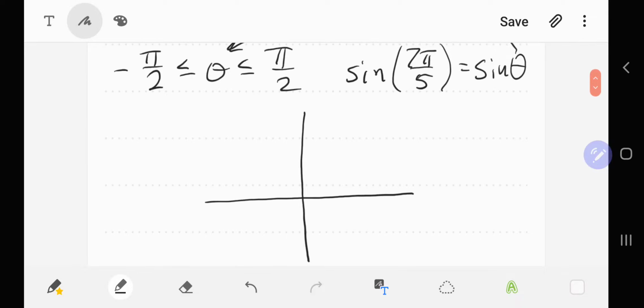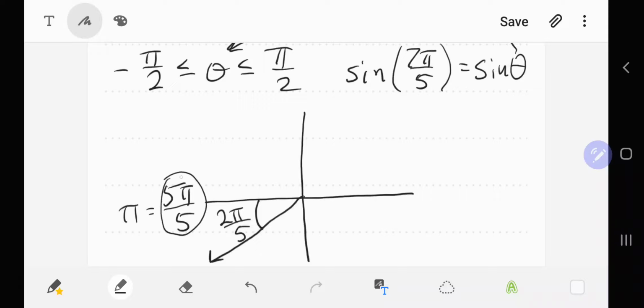So 7 pi over 5 is going to be a little bit bigger than pi. We know that 5 pi over 5 is equal to pi, which is 180, and we're looking at 7 pi over 5, which means that this difference here is going to be 2 pi over 5, if that makes sense.